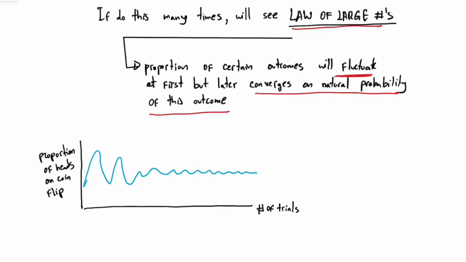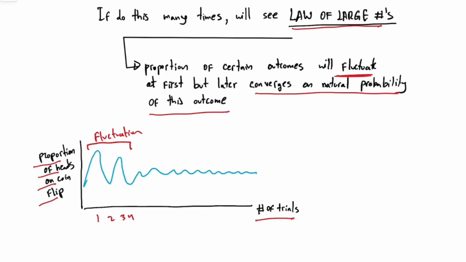So here is an illustration of this convergence. Basically, we have number of trials on the x-axis and proportion of heads of a coin flip on the y-axis. So as you can see, at first, maybe trial 1, trial 2, trial 3, trial 4, there's quite a lot of fluctuation, right?